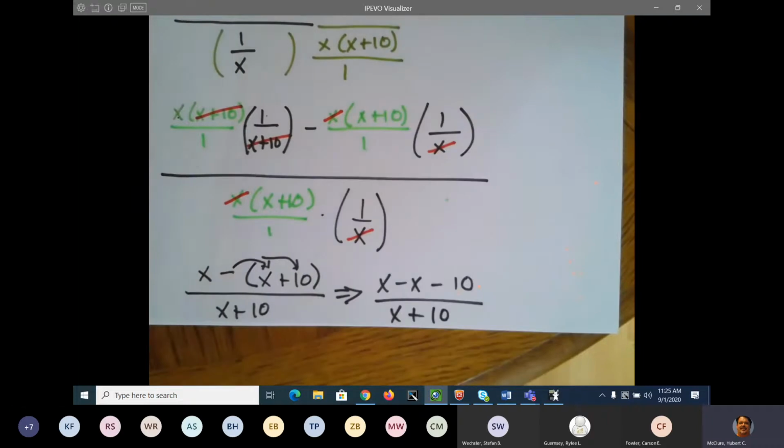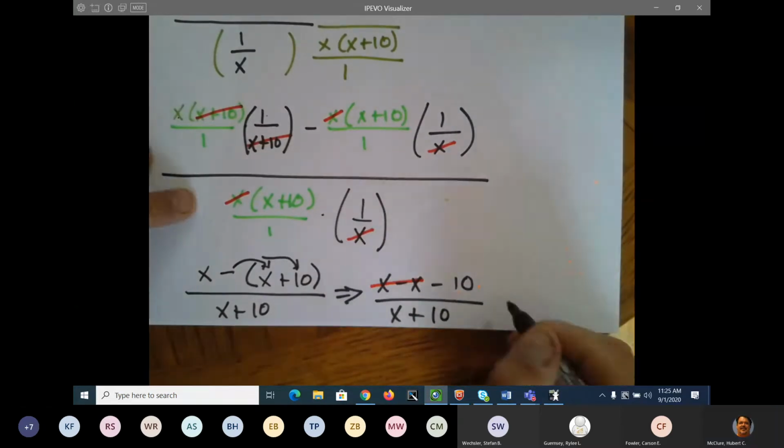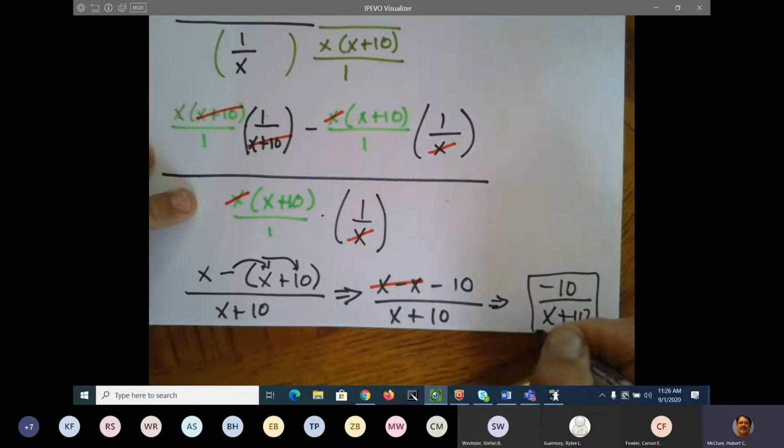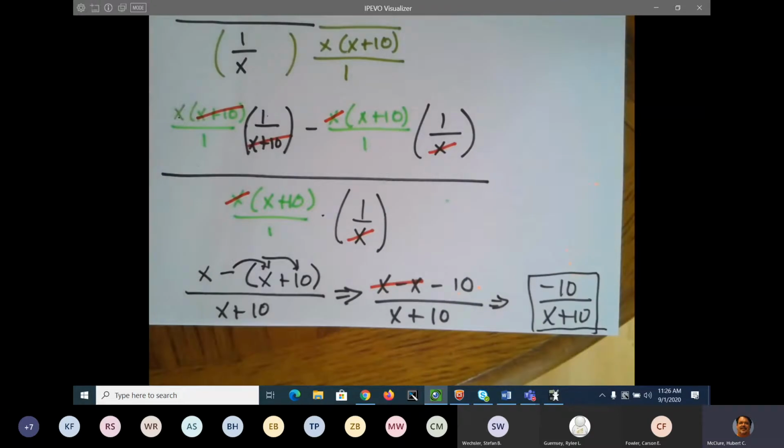And we see the x's cancel. And you're left with negative 10 over x plus 10. Now, I would assume that that's the answer. But let's go back and check it.